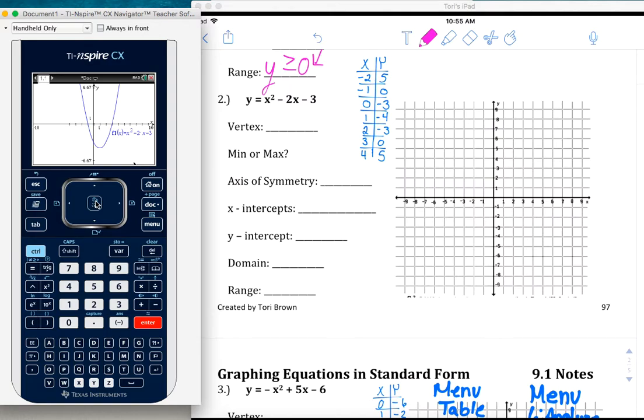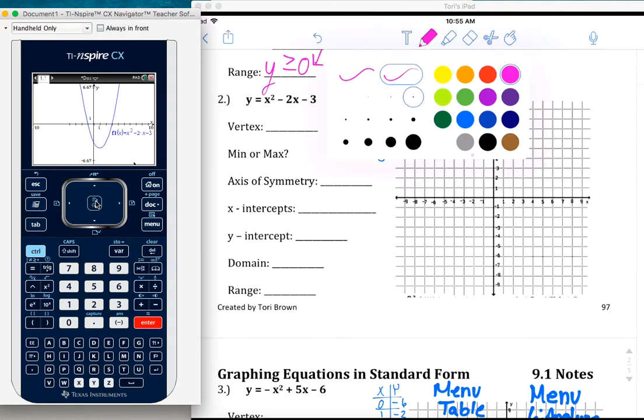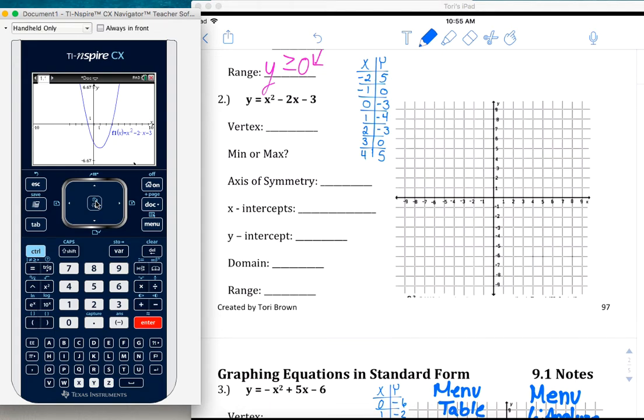And then we're going to go ahead and graph this. So again, take just a second, and we're going to graph the points. When you connect the dots, notice that my graph goes all the way to the top. Even though the dots don't, my parabola goes all the way to the top with the arrows.